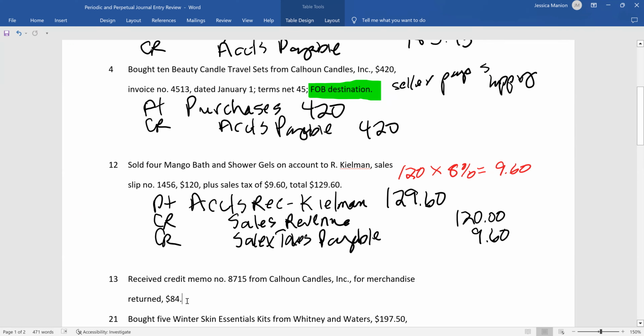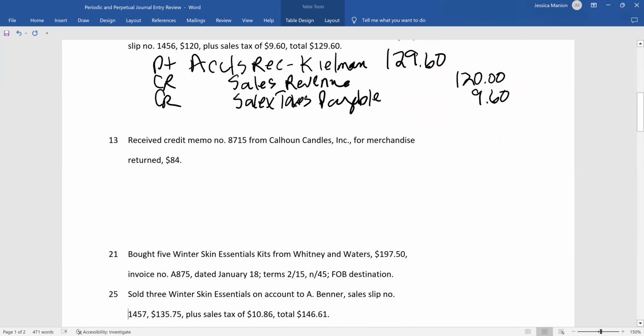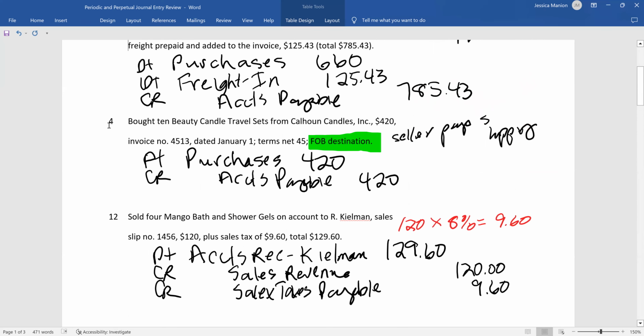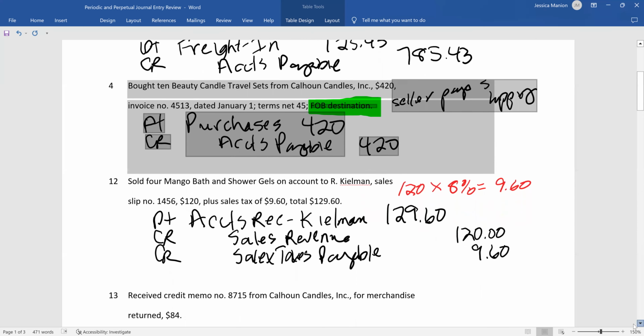All right, let's look at the next one then. On the 13th, it says we received a credit memo number 8715 from Calhoun Candles for merchandise returned of 84. If we go back, that Calhoun Candles was here on the 4th. When we initially purchased the candles, we credited AP, we owed $420.